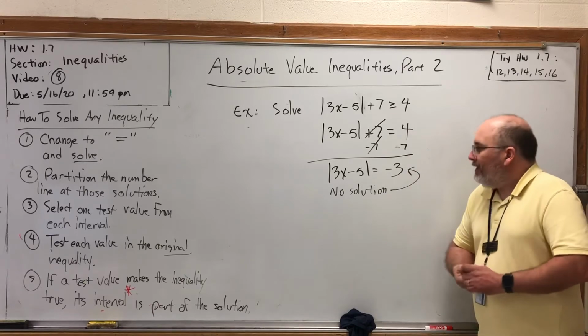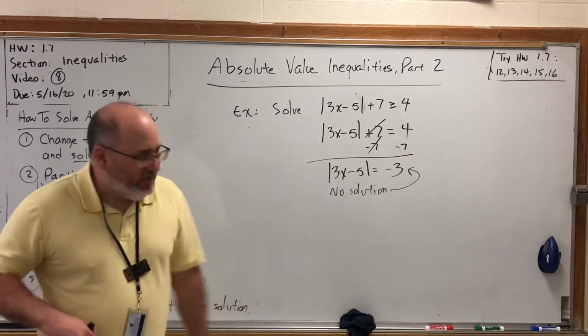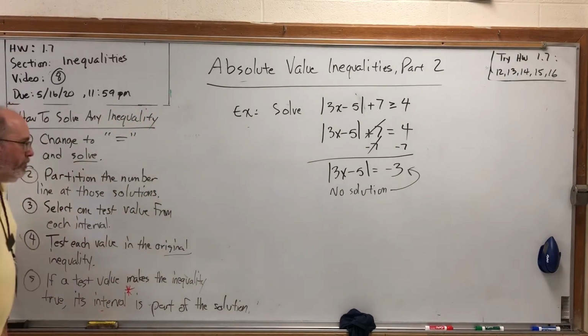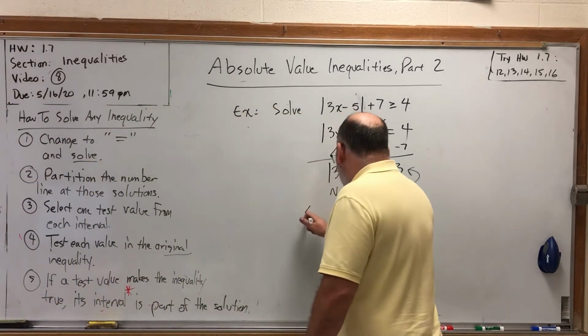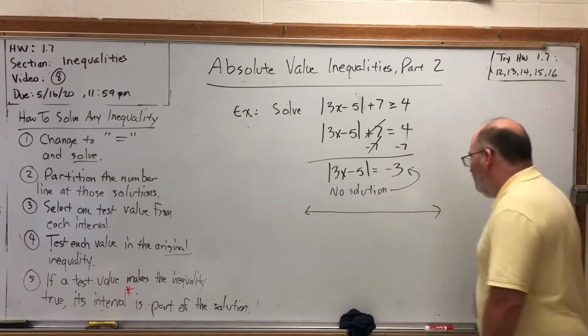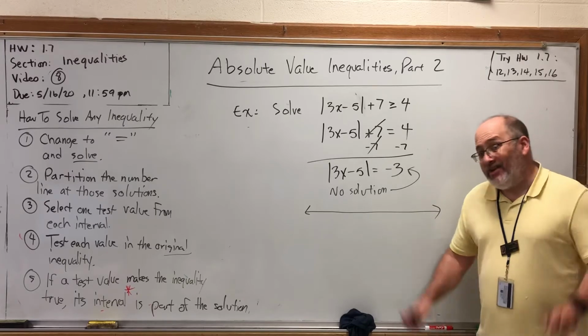But we're not solving an equation, we're solving an inequality. So what does that mean about the rest of this flow? Well, the second step is to partition the number line of the solutions that we got. So what would happen if we did a number line and did not partition it at all? How many intervals would we have?